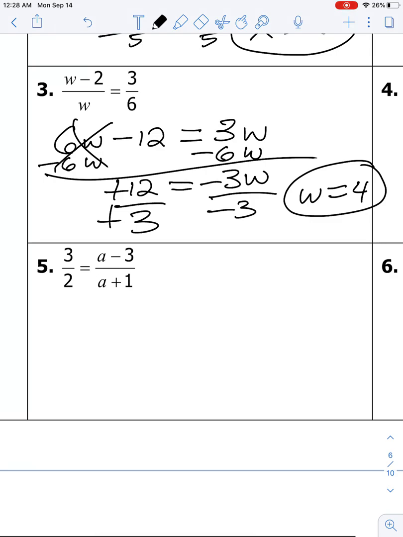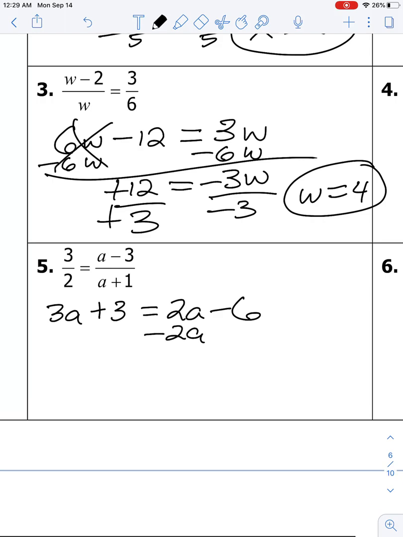All right, number 5. On this one, I'm going to start with the 3 this time. 3 times a is 3a. 3 times 1 is 3. On the other side, 2 times a is 2a. 2 times negative 3 is negative 6. This one's pretty simple. The numbers are small. So again, 2 terms on each side, a letter on each side of the equal sign. I'm going to get my letters on one side.